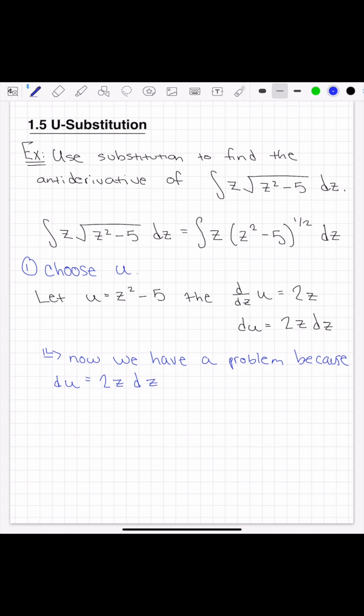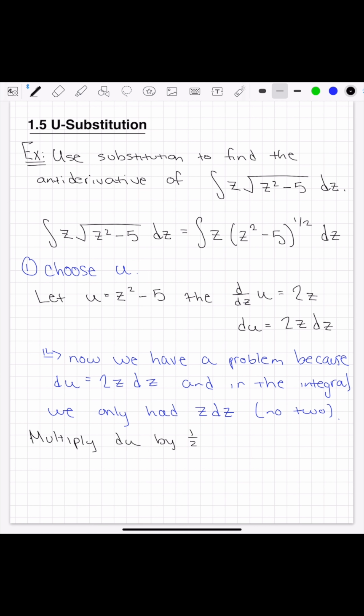We still have the problem that I was talking about, because our du has 2z dz, but we only have z dz left. In the integral, we only had z dz, so there was no number 2. But we can easily fix that. We multiply du by 1/2 to get rid of the 2.